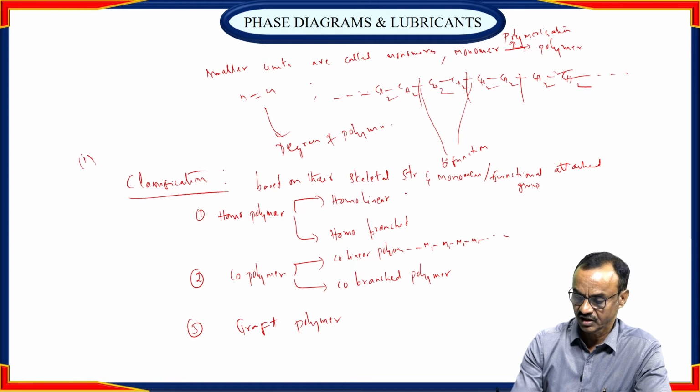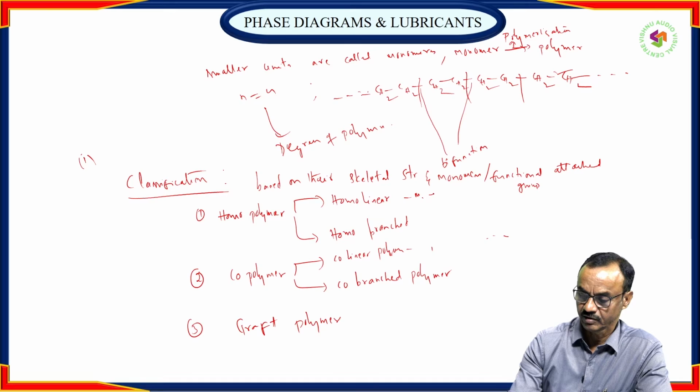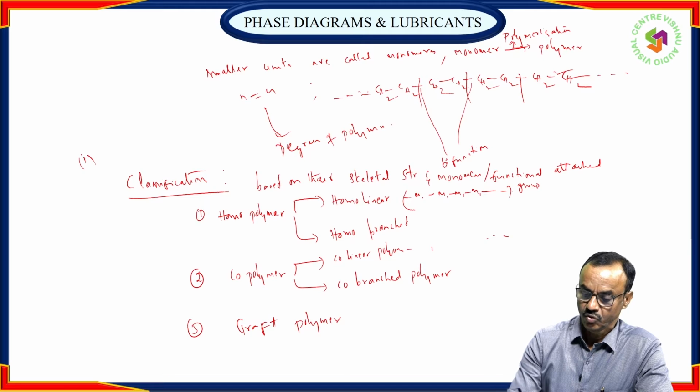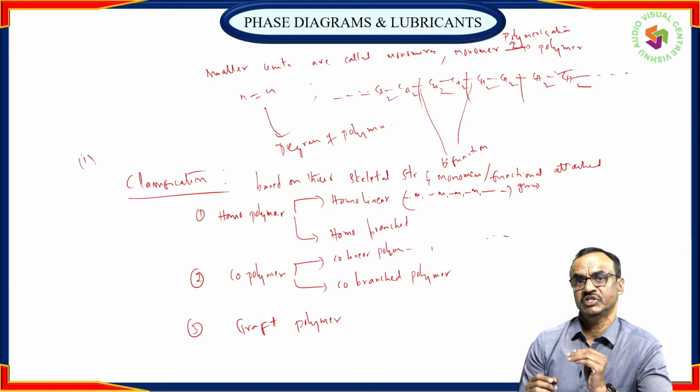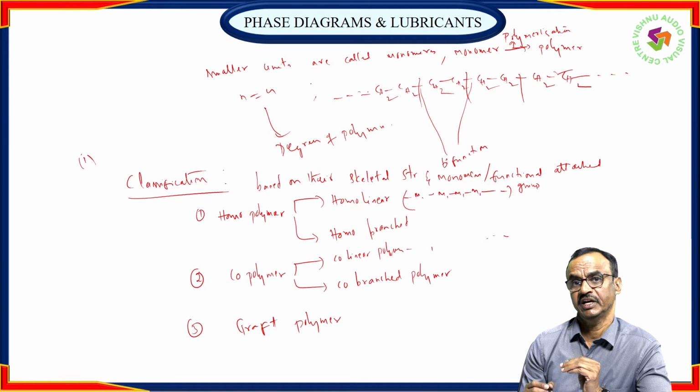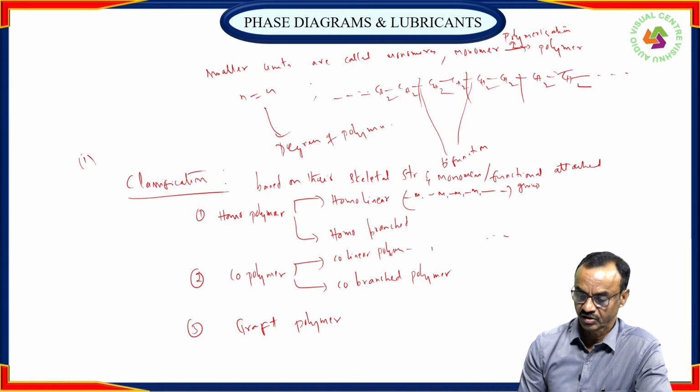Let me correct what I wrote here. Homolinear polymer: a polymeric chain consisting of identical monomers, linear, straight, no branches, is known as homolinear.